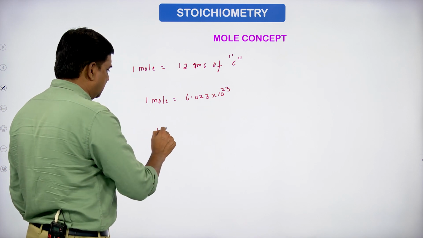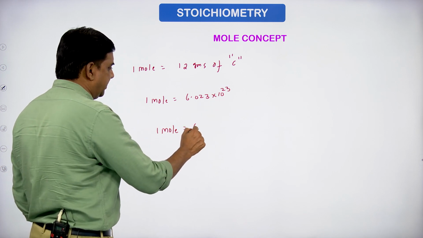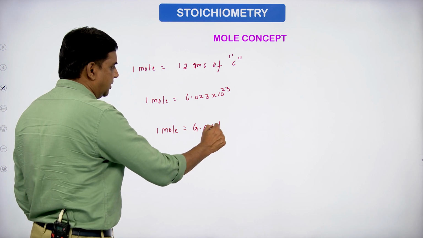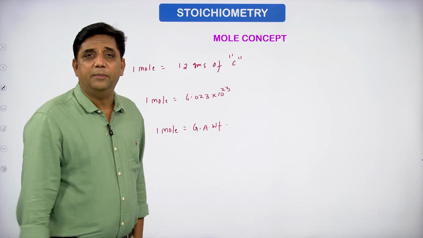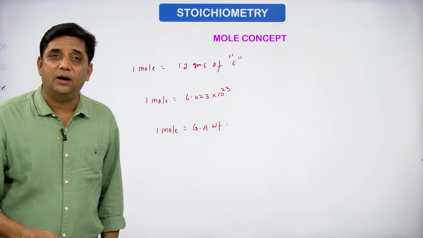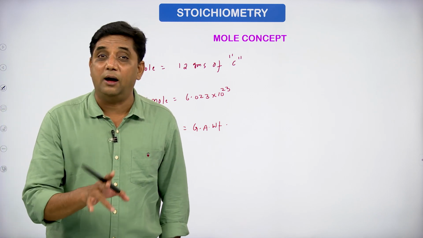Similarly, 1 mole is also equal to gram atomic weight. What do you mean by gram atomic weight? The mass of 1 mole of atoms expressed in grams is known as the gram atomic weight.